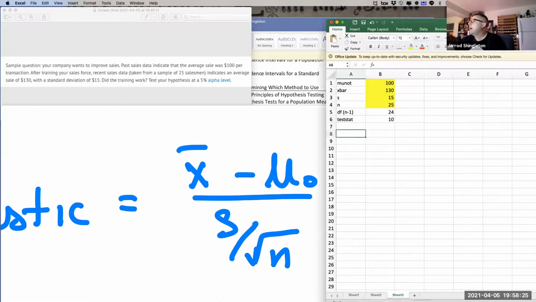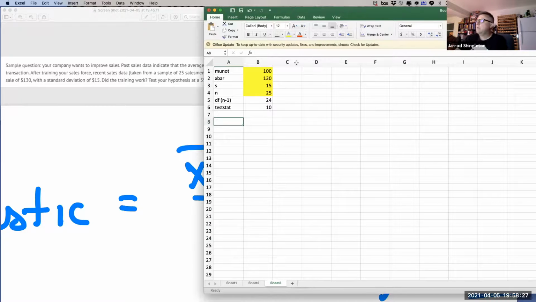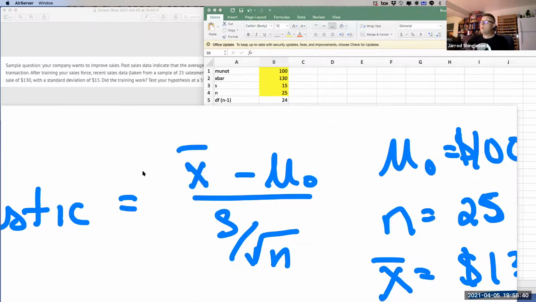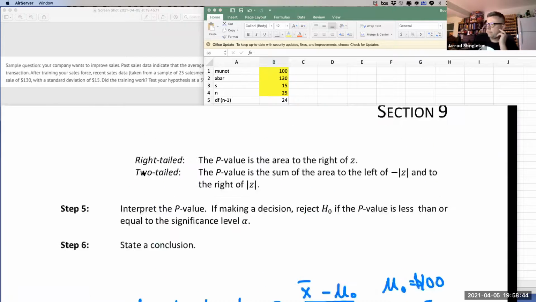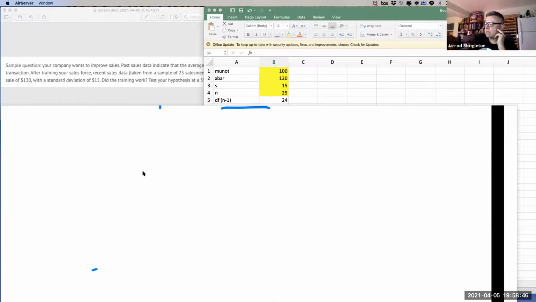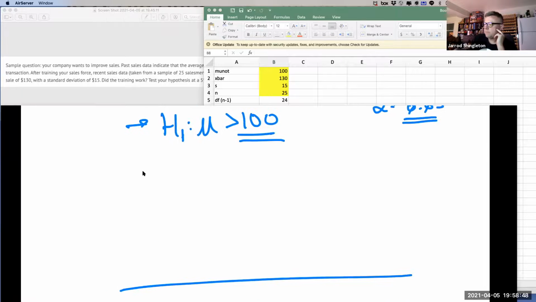So down here, I can actually do my right-tailed p-value, okay? My right-tailed p-value, I'll go back over here to my drawing real quick, is going to be taken from a t-distribution.